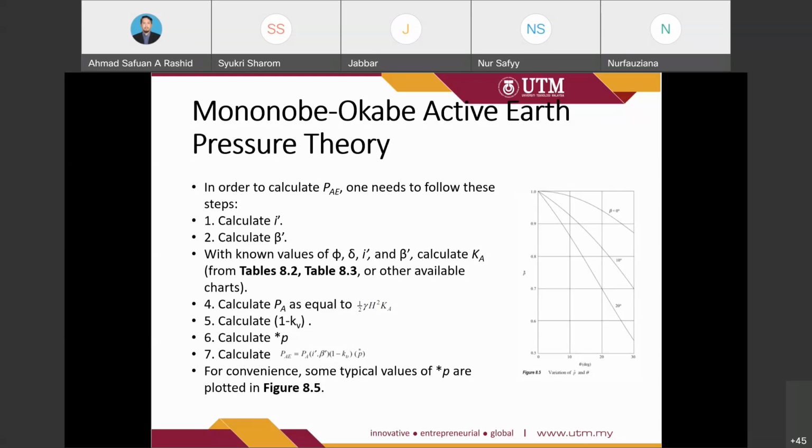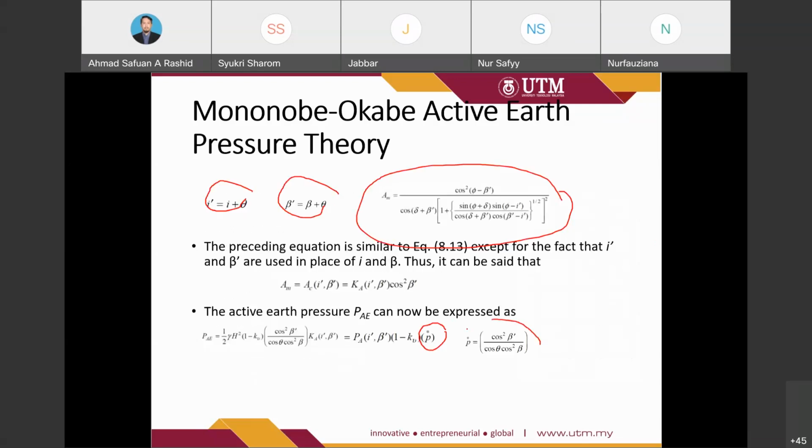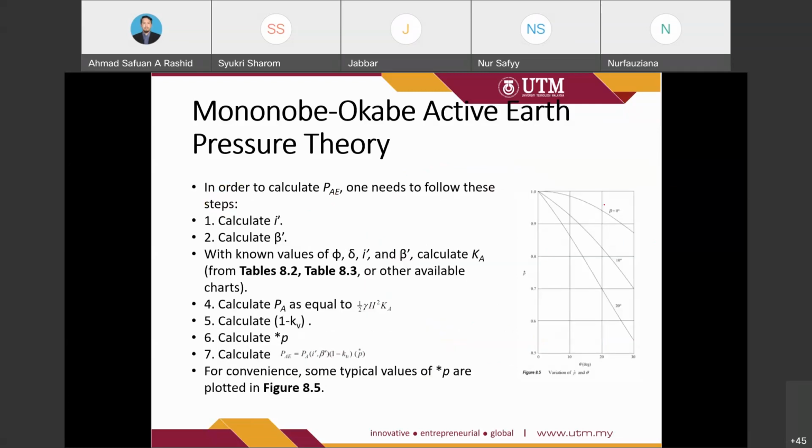For convenience, some typical values of asterisk P are plotted in figure 8.5. So either we use this equation, or we may use this figure to determine the asterisk P. This is the procedure made by Aragon to determine the PAE value.